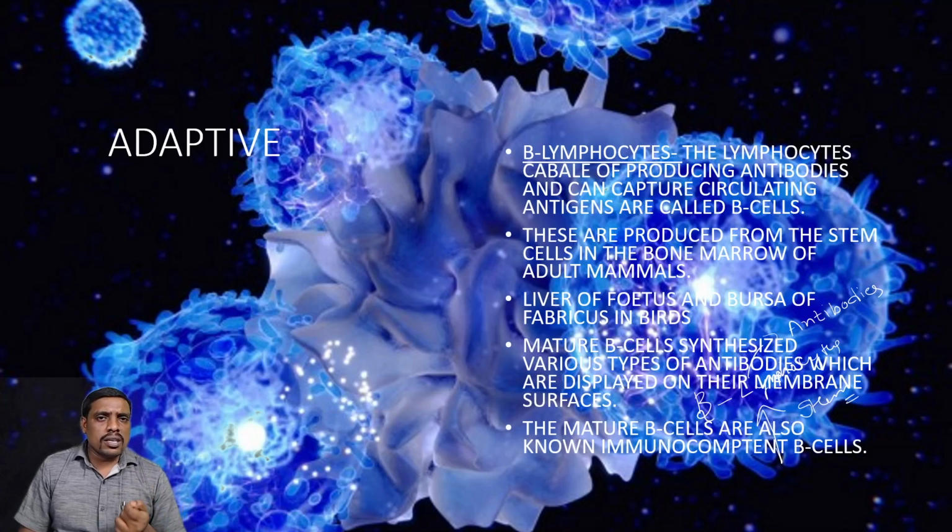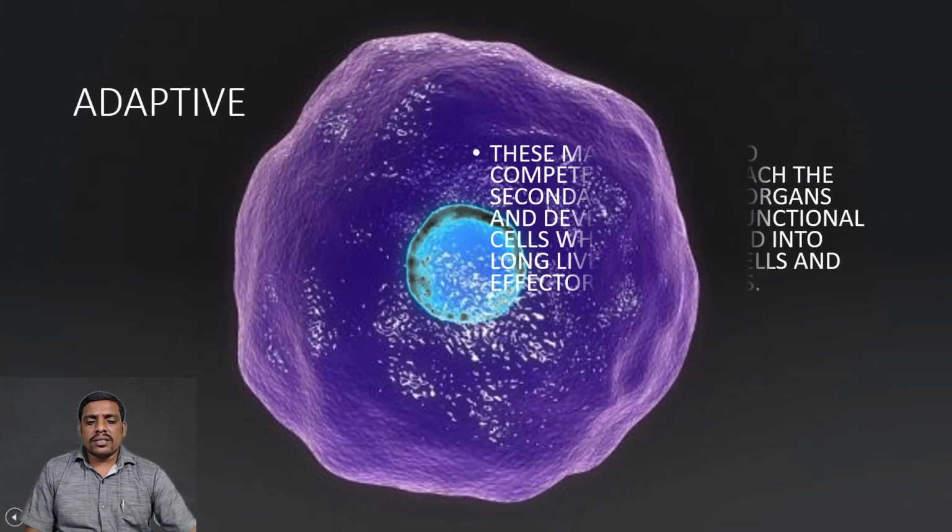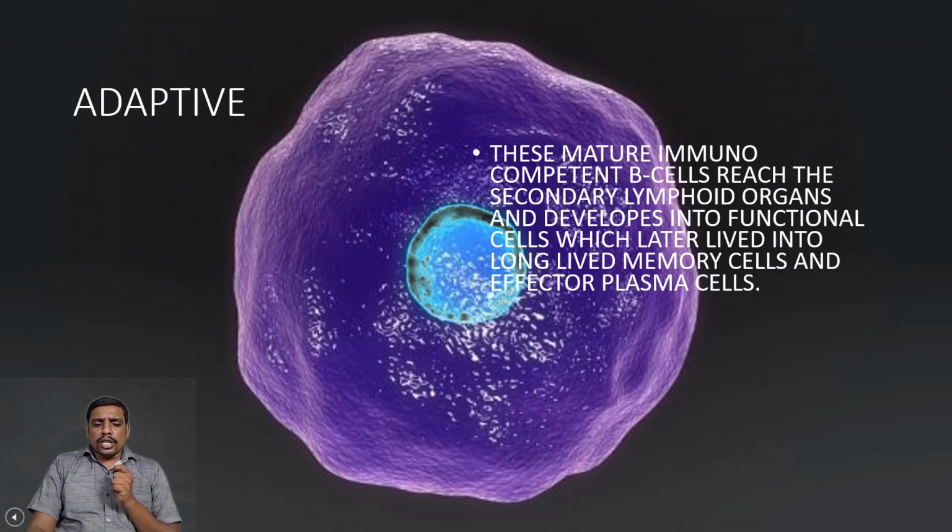These mature B cells are also known as immunocompetent cells. What are they called? Immunocompetent cells. These mature immunocompetent B cells reach the secondary lymphoid organs or secondary lymphoid tissue, and there they develop into functional cells.